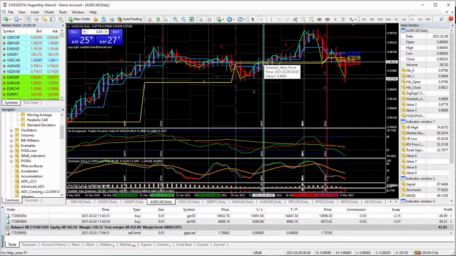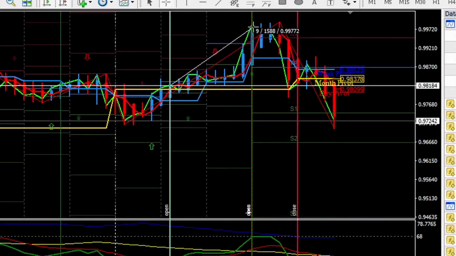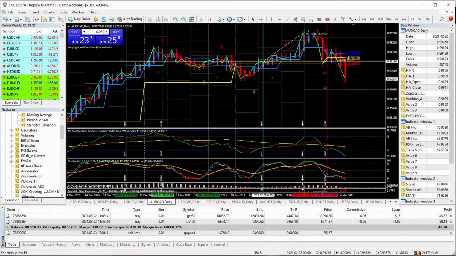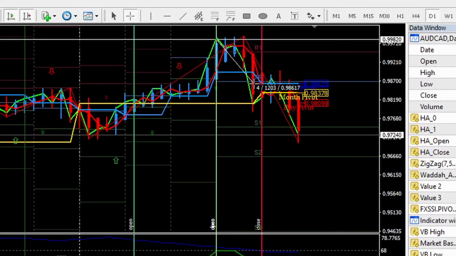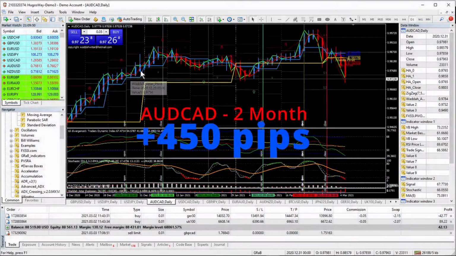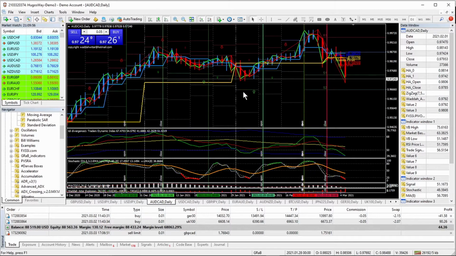This trade here to here traded on the Aussie CAD, and that was for 158 pips in that time horizon. And then right after this one closed, another trade you could have taken going down to here, and this one was 155 pips. So all in all, from here to here, that's about 450 pips over the course of about almost three months, about 2 months.